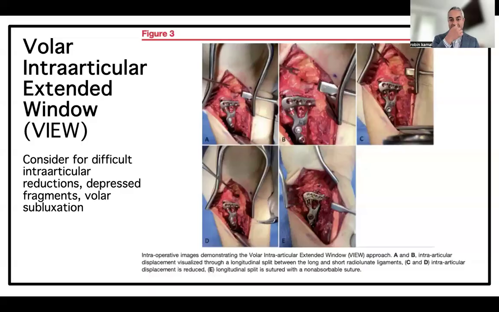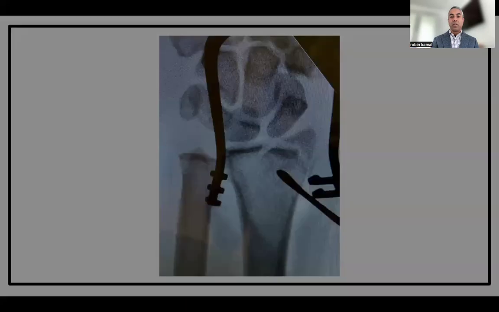And so we've described this technique using it for depressed fragments in the articular surface. If you're dealing with volar carpal subluxation, let's say a chronic volar lunate facet, like I showed before, then you can go through this approach. This approach is an arthrotomy that goes next to the short radiolunate ligaments, but does not touch the short radiolunate ligaments, and can release some of the long radiolunate ligaments off the distal radius to view the articular surface.